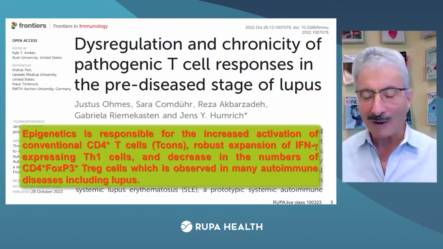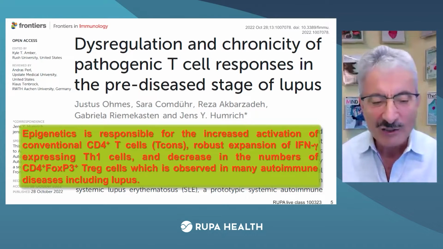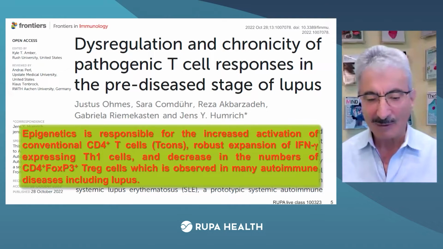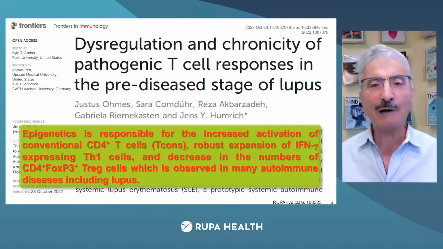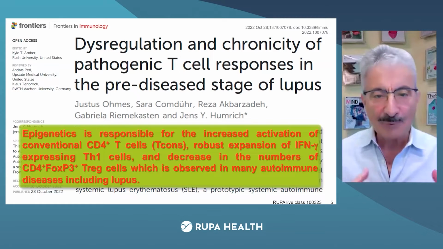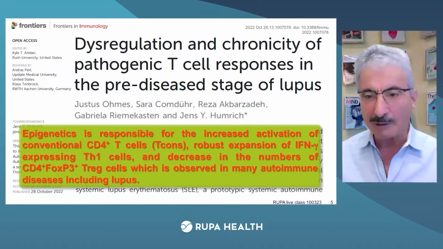What this article emphasized is that change in CD4 positive T cells, especially an increase in T helper 1, which produce lots of interferon gamma, and a decrease in the regulatory T cell, both of which are part of the comprehensive MAP by Cyrex, is involved in many patients with autoimmune diseases, including lupus erythematosus.